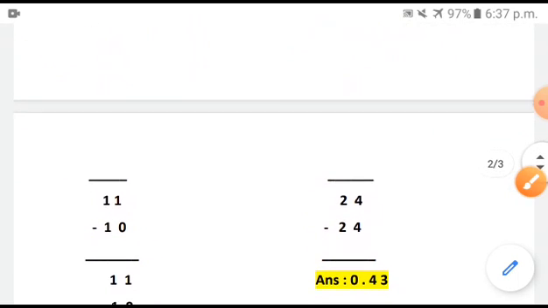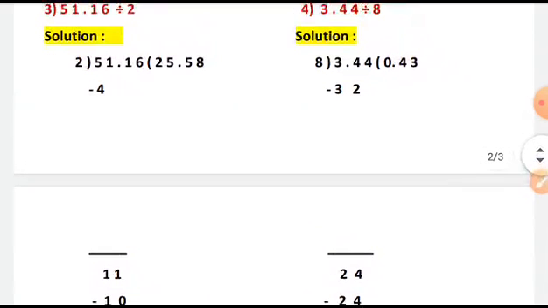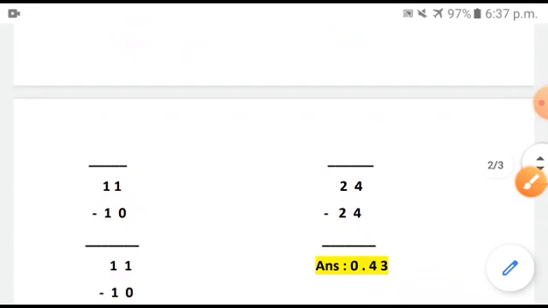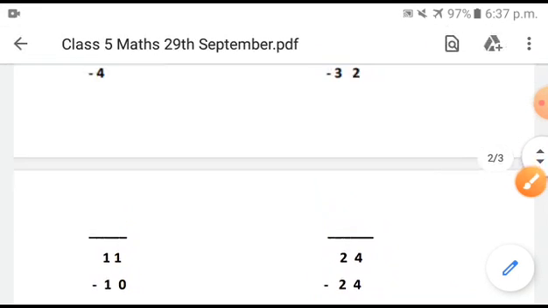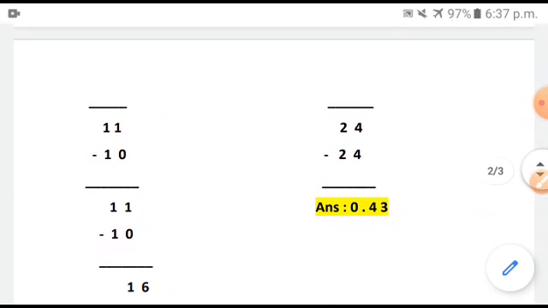Alright. Now remainder 1. And now children, you will have to bring the 1 from the decimal part. That is why you are putting the decimal point over here. And you are again getting 11 and you are writing 2 5s are 10. Then again 11 minus 10, 1.